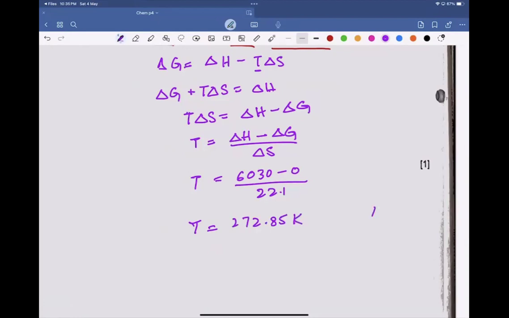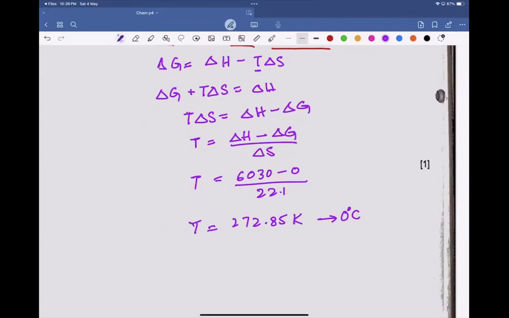And if you recall, this equals 0 degrees Celsius, isn't it? Yeah, you can do that as well. You can do it either way because of the entropy change.